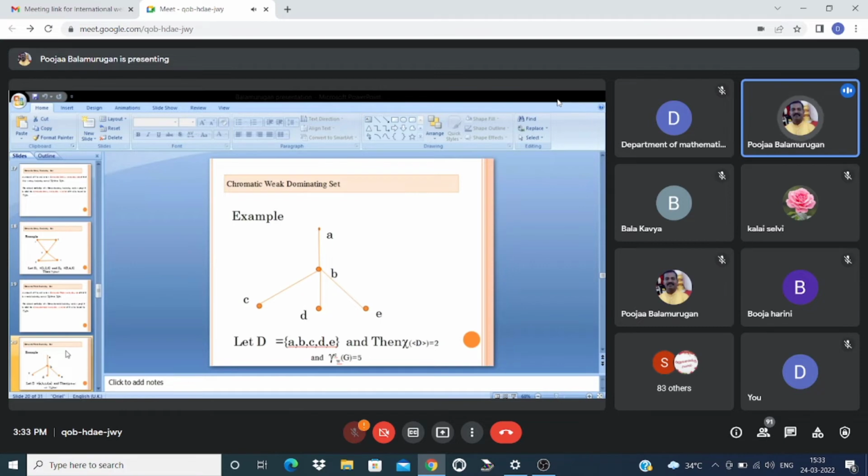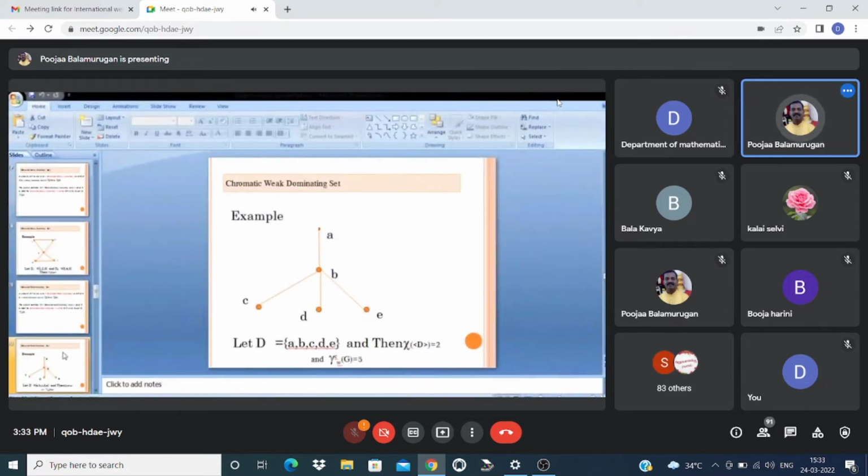Let the vertices be A, B, C, D and E. The pendant vertices A, C, D, E of the induced subgraph are also pendant. Then we need one more vertex, so you take B from that graph.